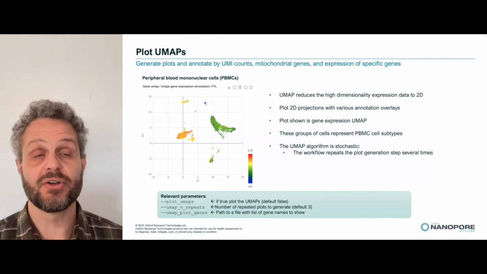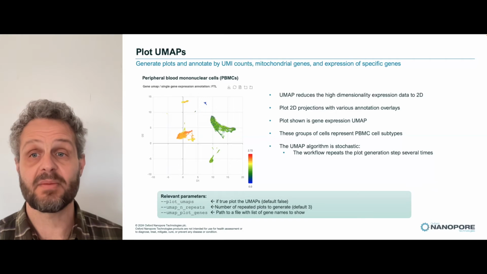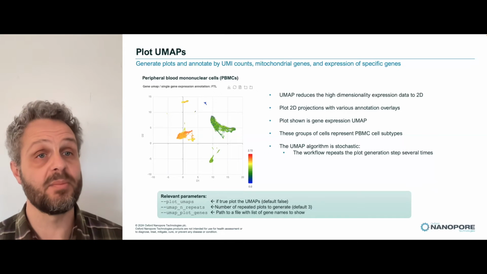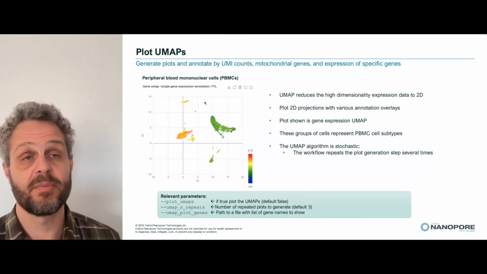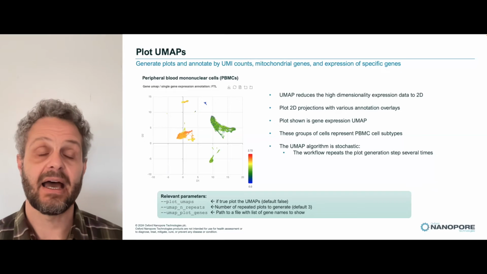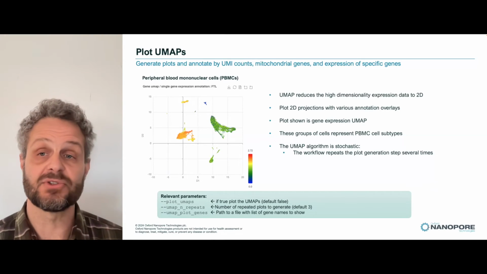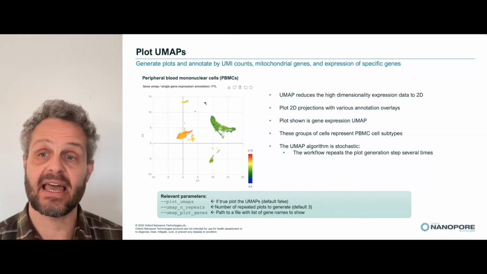The plot shown is a gene expression UMAP with expression data from peripheral blood mononuclear cells, or PBMCs. And this plot is annotated by a single gene expression, and in this case it's FTL.